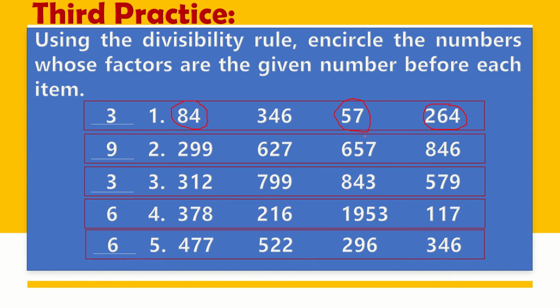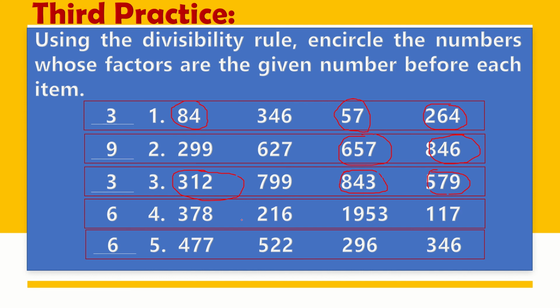And for number 2, we only have 657 and 846. For number 3, we have 312, 843, and 579.